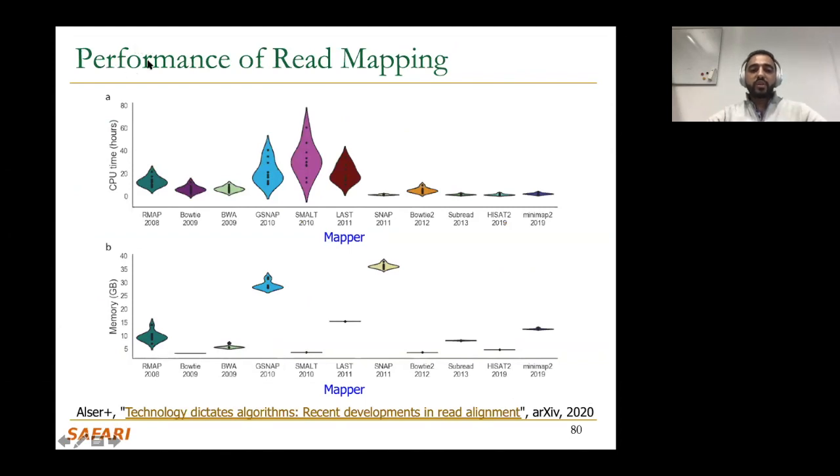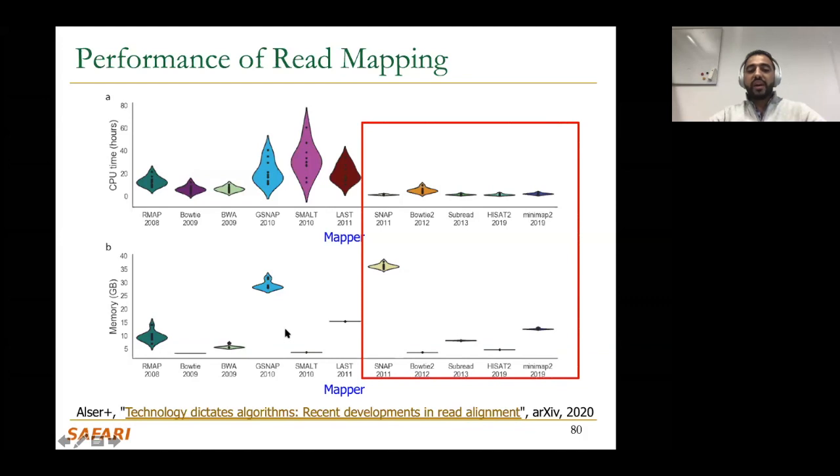So when we profile the performance of read mapping, we have different tools, and we check the CPU time and the peak memory for each tool. We find that after 2011 or 2012, most of the tools have very fast performance, very fast CPU time, and the memory usage again really varies, because some of the tools would like to have a large hash table such that they can query more seeds faster, because the entire hash table is assumed to fit in typical memory.